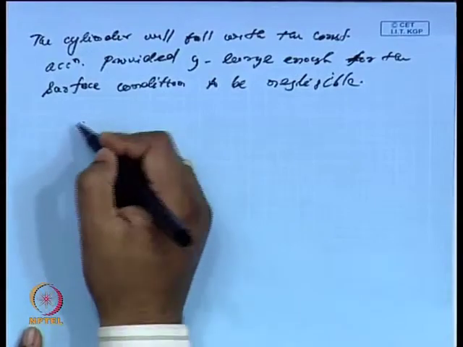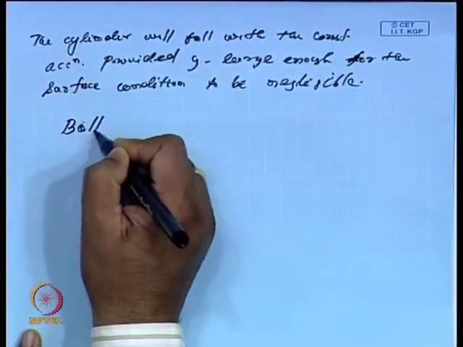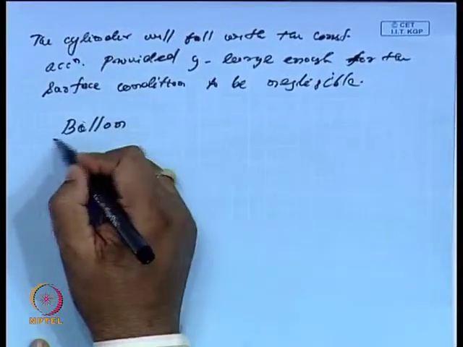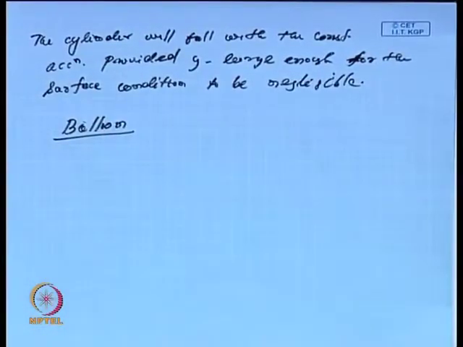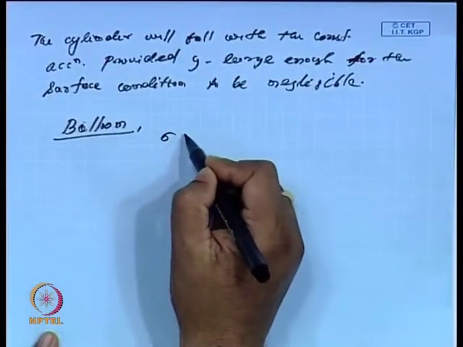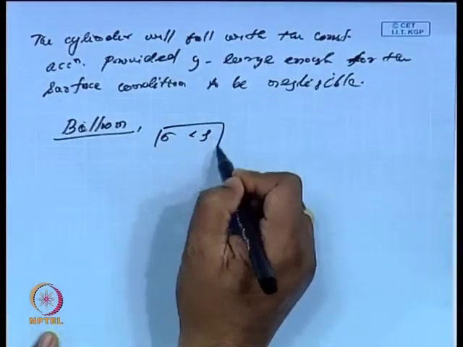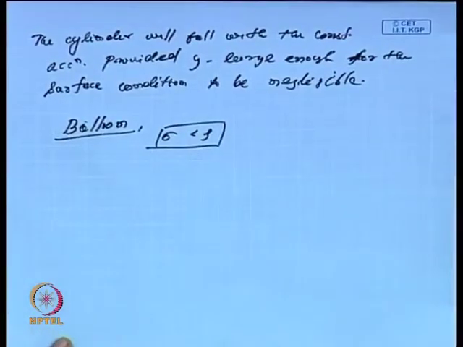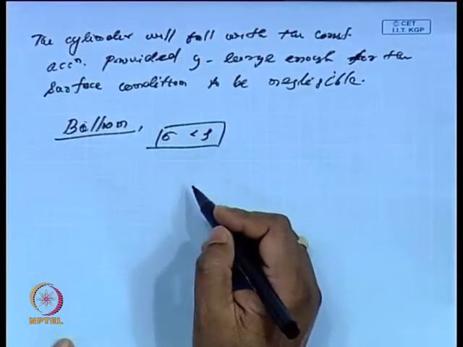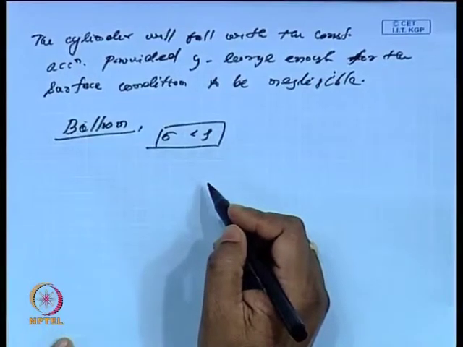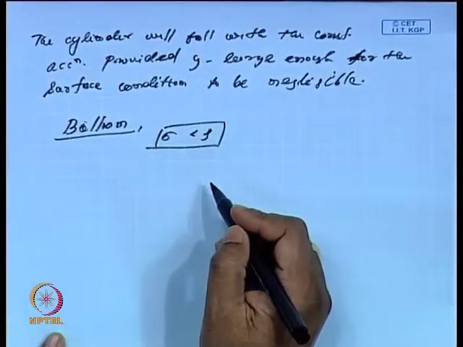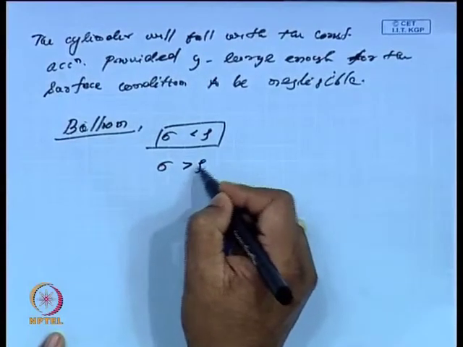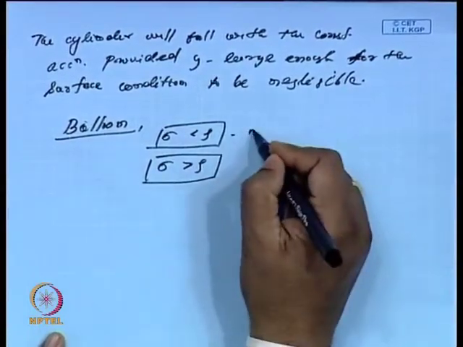Now, what will happen in case of a balloon, which is moving in the upward direction? Then sigma is always less than rho. There is upthrust, and in the process the cylinder moves in the upward direction.